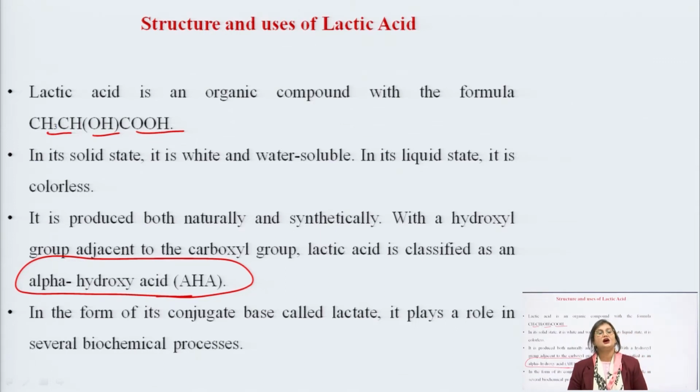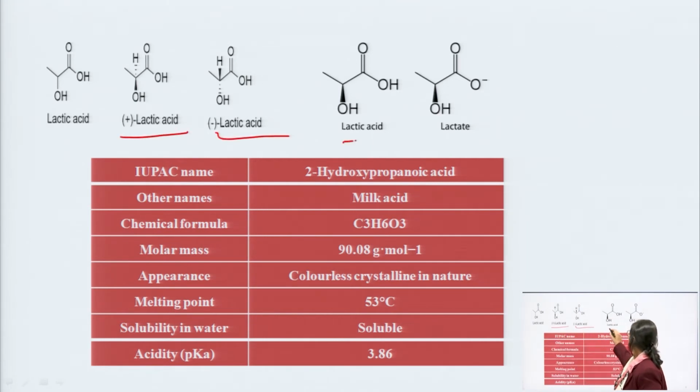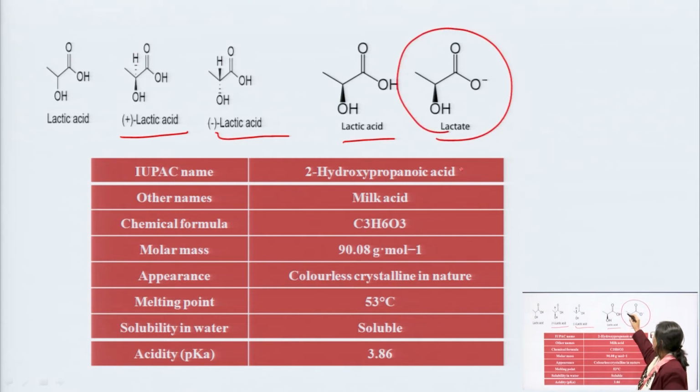It plays a very important role in a number of biochemical processes and reactions. So, this is the structure of lactic acid. These are the D and L forms of lactic acid, and this is lactate, wherein the hydrogen atom is removed, forming a carboxylate ion.